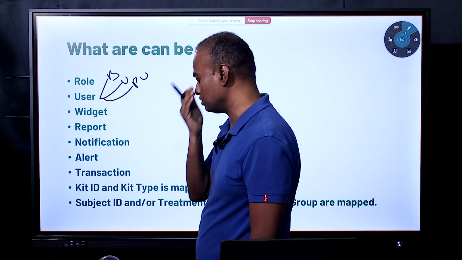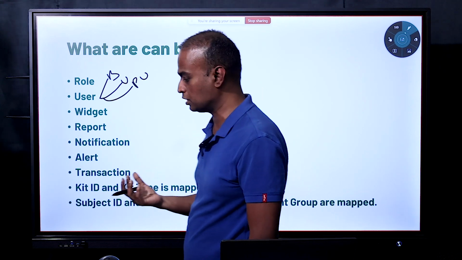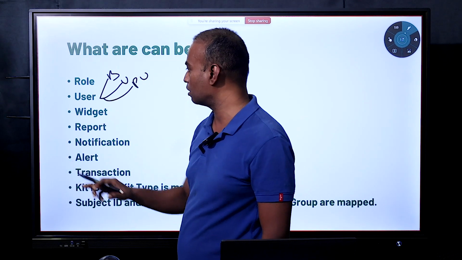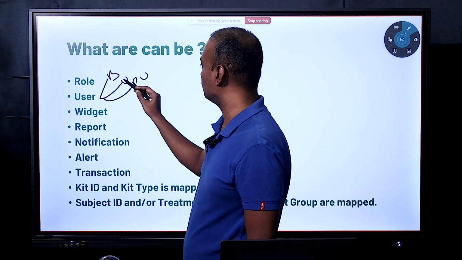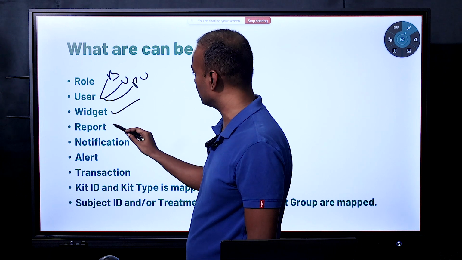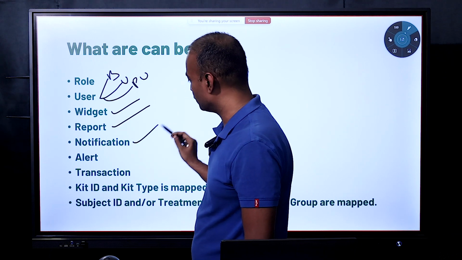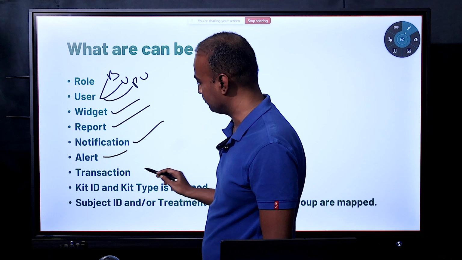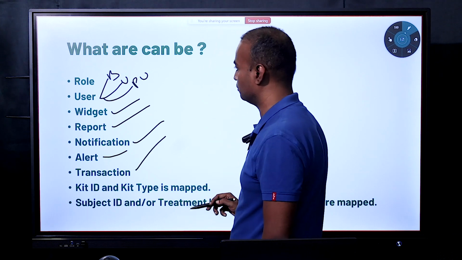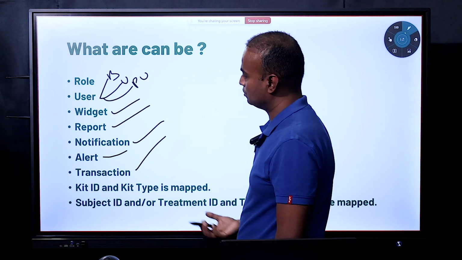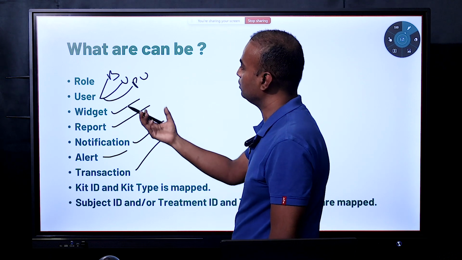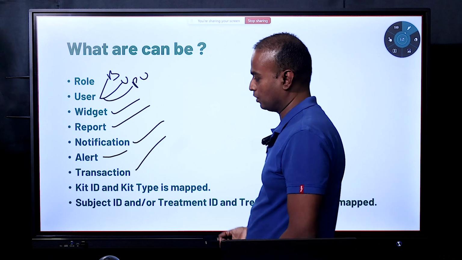A widget means whatever widgets we are using in the dashboard. Each card or widget, there are different names. Even any widget can be blinded, unblinded, or partially unblinded. A particular report can be the same. A notification can be the same. An alert can be the same. A transaction can be the same. These are all the various components of the IRT system where it can be blinded, unblinded, or partially unblinded.